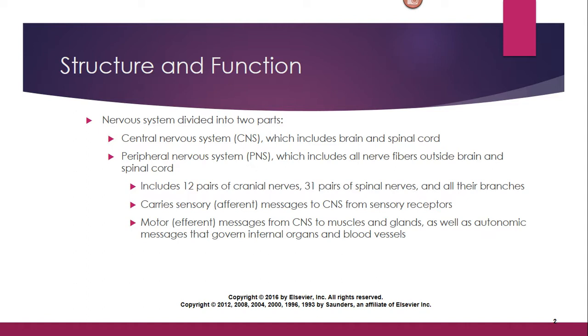And then we have our peripheral nervous system, which is all the nerve fibers outside the brain and spinal cord, which includes 12 pairs of cranial nerves, 31 pairs of spinal nerves, and all their branches, which carry sensory messages to the central nervous system by afferent fibers from sensory receptors, and then the efferent fibers, which send motor messages from the central nervous system to muscles and glands, as well as autonomic messages that help to govern our internal organs and blood vessels.